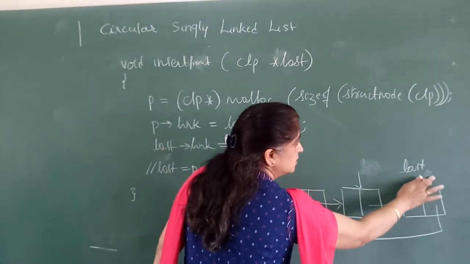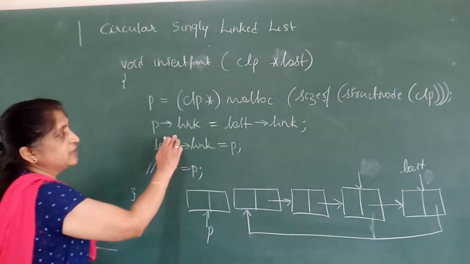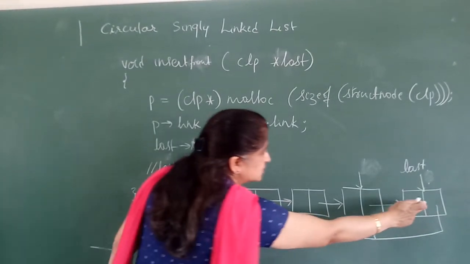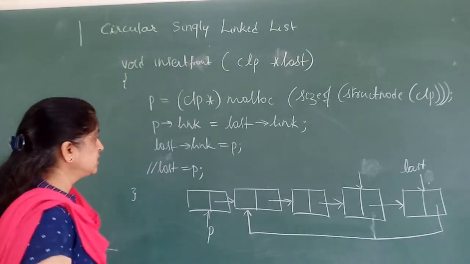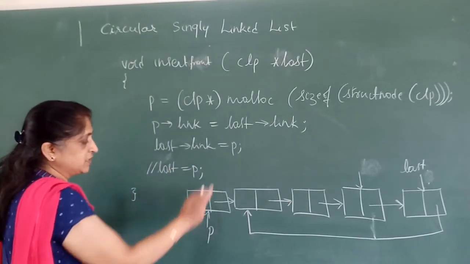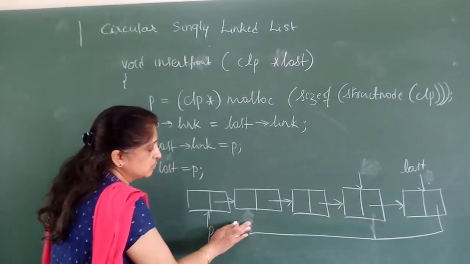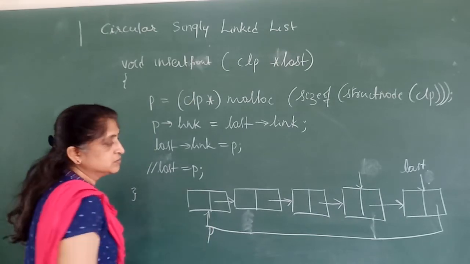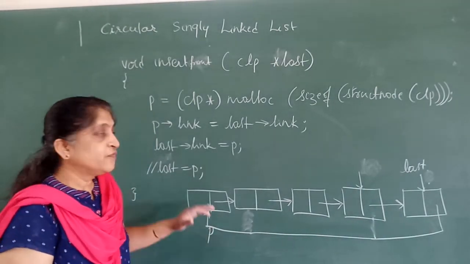Remember, p is a temporary pointer. Then I make p link is equal to last link. This address I copy here. Then last link is equal to p. That is, this address I copy into this field. So now it will start pointing to this one. So successfully I have inserted a node at the front of the list.